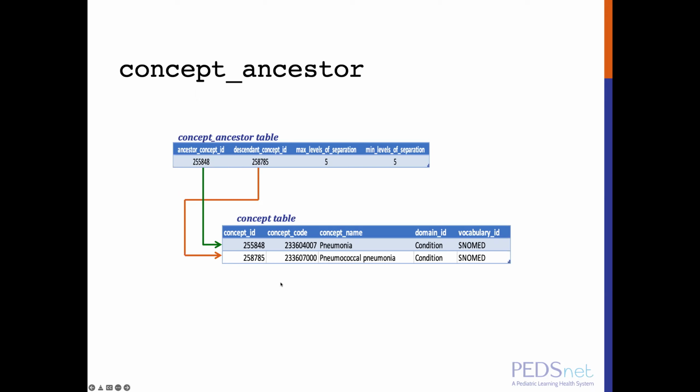And so that pneumococcal pneumonia is a descendant of that ancestor concept ID. So you can go from that very general term pneumonia into one of these more specific granular terms in SNOMED using the concept ancestor table. The levels of separation are talking about how many steps it had to go through to get from one type of pneumonia to the other, in this case, or from one diagnosis to another, from one med to another.